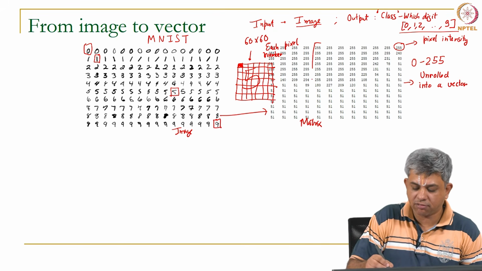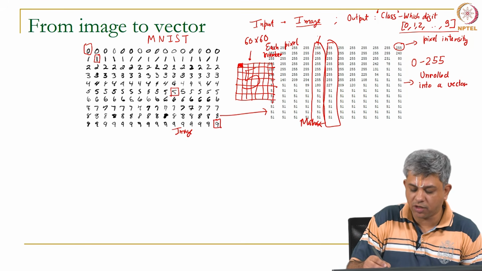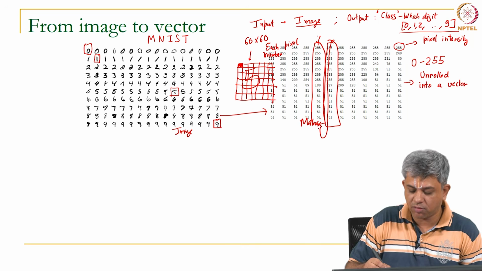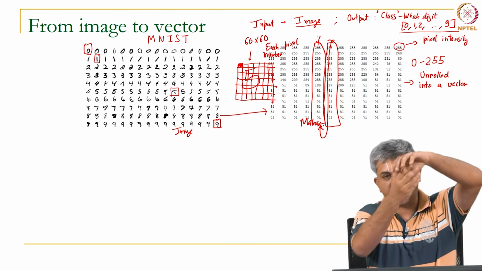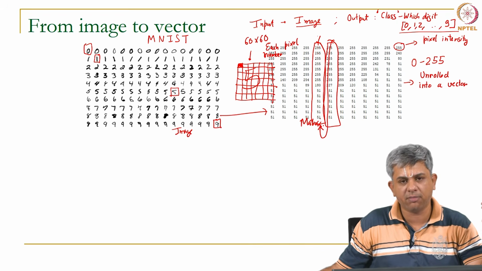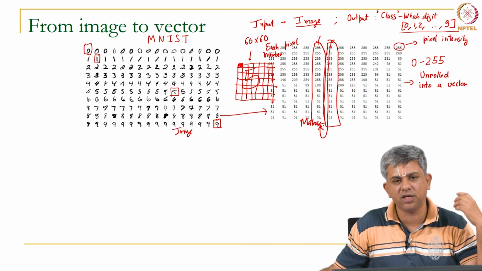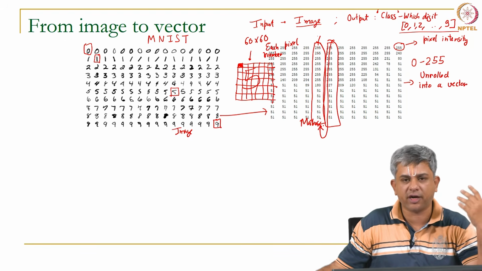Suppose this was the first column, this is the second column. I take the first column, which has 1, 2, 3, 4 up till 10 values, then after that I take the second column and put it at the bottom. This way the whole matrix is unrolled into one single vector, and usually we do that in machine learning algorithms, because it is easier to handle vectors rather than matrices, but it depends on which kind of algorithm you are using.